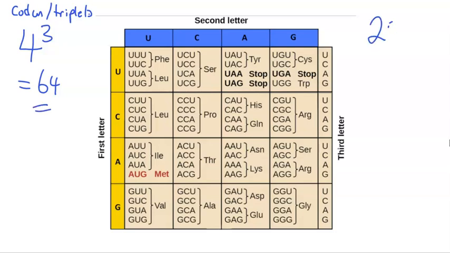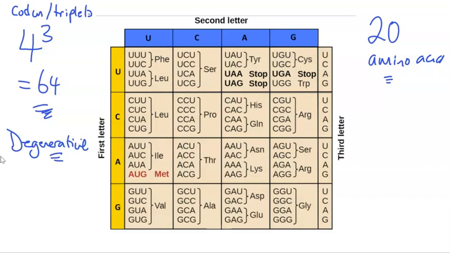And yet we only have 20 amino acids. And so we've got more code than we need for the actual structure that we're coding for. This is known as a degenerate code. And there are consequences to having such a degenerate code. We'll deal with that in just a moment.